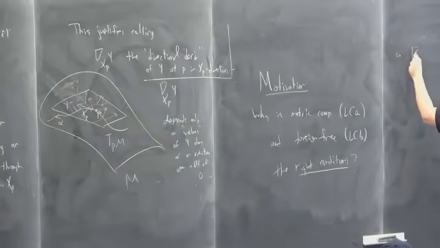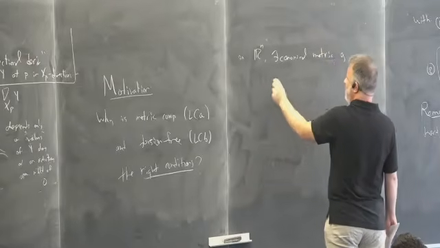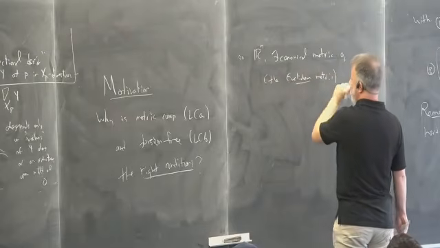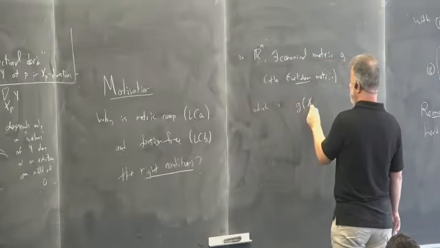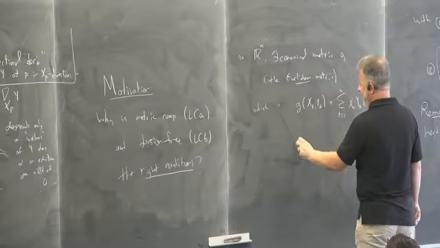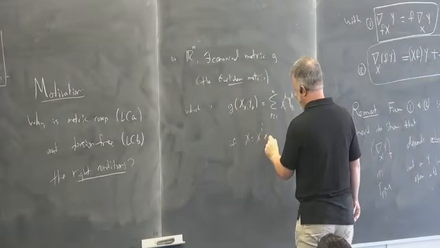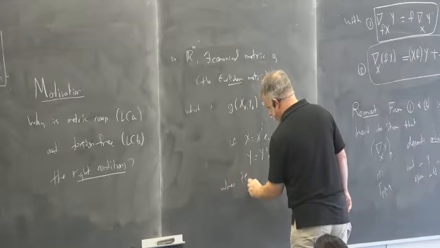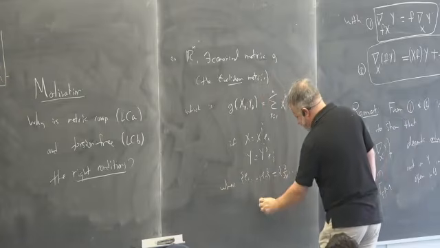So on Rn there exists a canonical metric G, the Euclidean metric, which is G of XP, YP equal to the sum from k equals 1 up to n of xk yk, if x is xi ei and y is yj ej, where e1 up to en is d by dx1 up to d by dxn, the standard global frame.